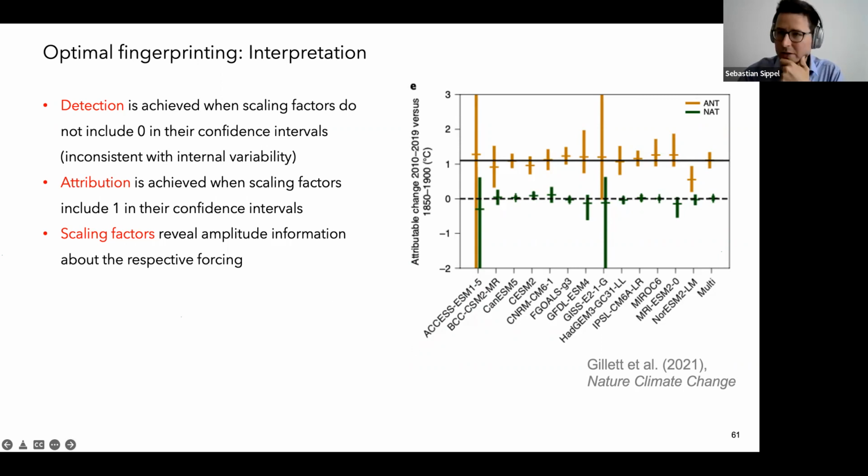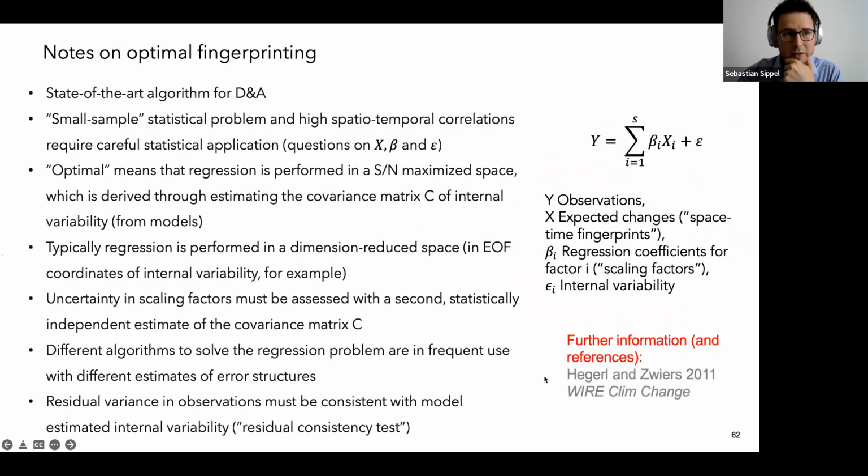Now, I hope that this is relatively clear and intuitive, but I should say that this statistical algorithm, optimal fingerprinting, is in a sense state of the art for detection and attribution. However, there are a lot of statistical specifics that I'm not going to go into, but I still want to mention some of them, so that you are aware that this is not just an ordinary least squares regression problem.